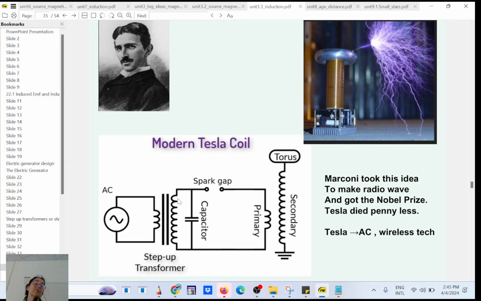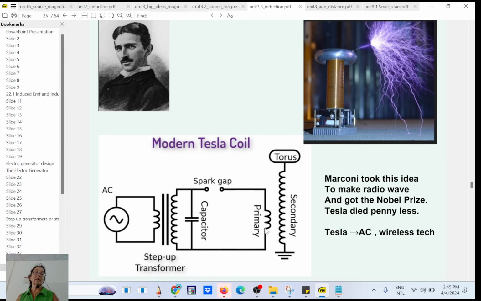When the capacitor is charged so much that the voltage is very high, the capacitor will burp out. Remember, a capacitor can burp out current, a coil will burp out voltage. So the capacitor will burp out current, and the current will be so strong it's going to jump the gap here, and you're going to have oscillation back and forth.